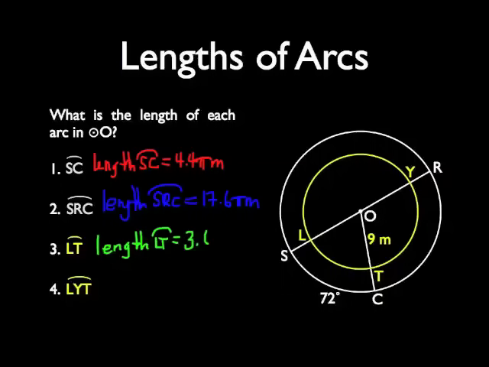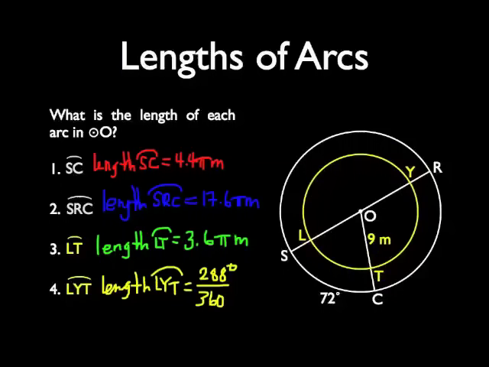Likewise, arc LYT has a different length than arc SRC. We'll take the same arc measure, which is 288 degrees. We'll divide that by 360, but now the circumference of circle O with radius 9 is only, again, 18 pi meters.